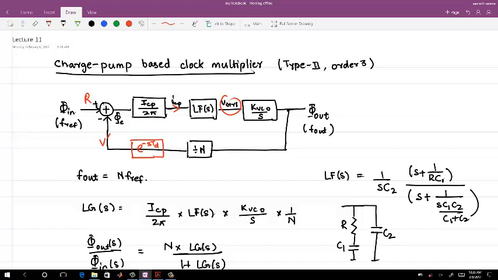Okay, let me get your question. So what you are saying is, at the input of the phase error detector or the output of the phase error detector, the phase error is zero, right? But you are saying that the input of the divider may not be exactly n cycles away, because there is some delay associated with the divider.